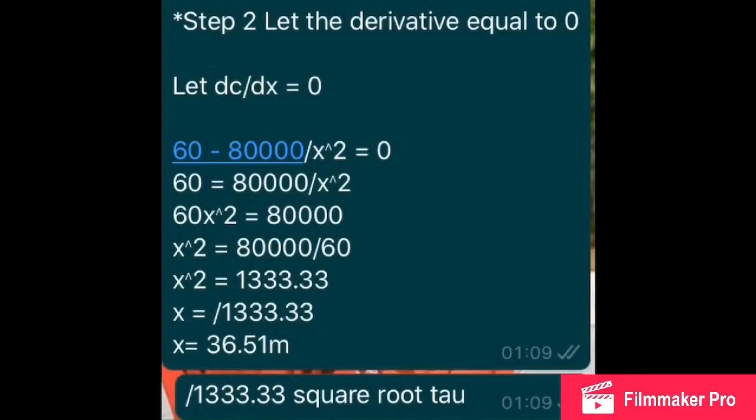Then 60 moves to the back, so x to the power of 2 equals 80,000 divided by 60, which is 1333.33. Then x equals the square root of 1333.33, and the answer will be 36.51 meter.